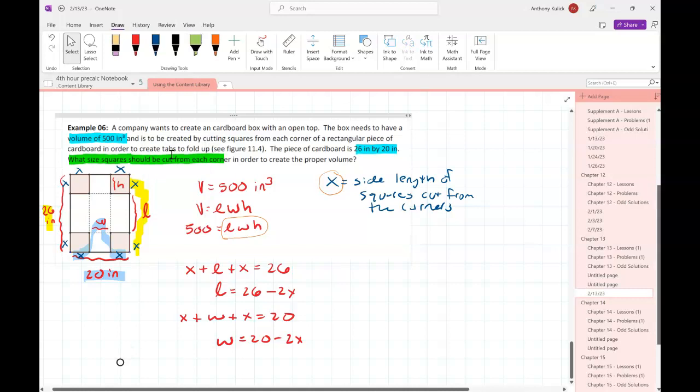And then my last one, what is h going to be? What equation can I write for h?